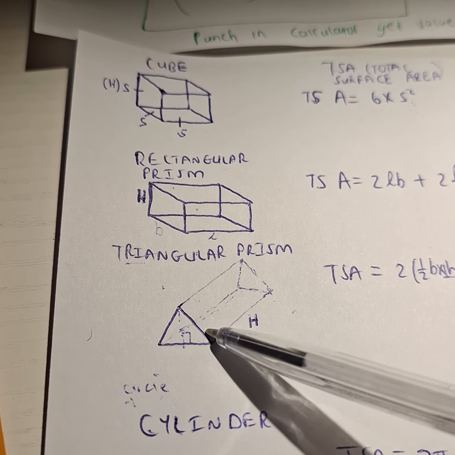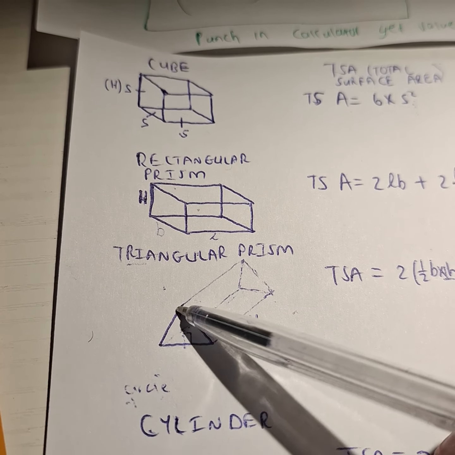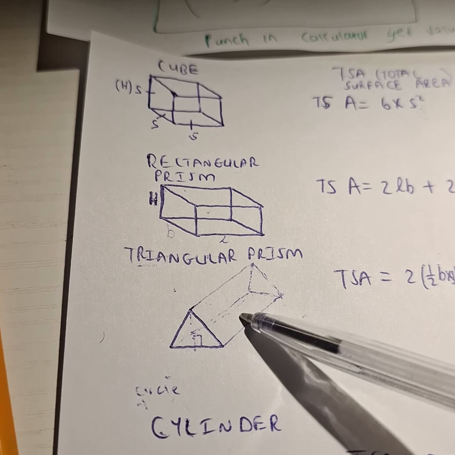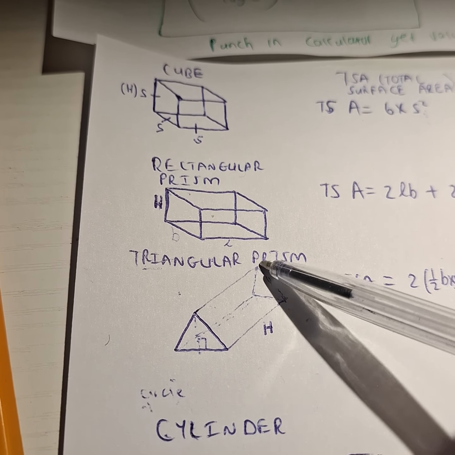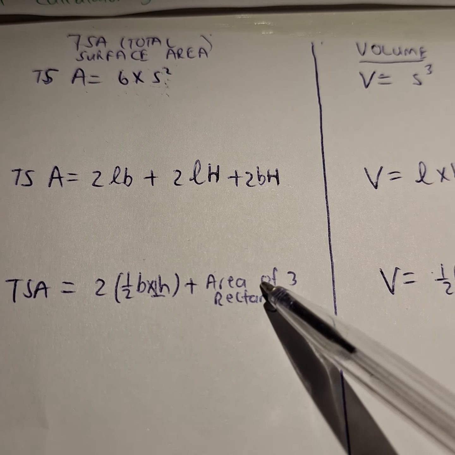So you can see each side of the triangle has a rectangle that it actually goes with. I hope you understand this. 1, 2, and then this rectangle 3. So that's why we say plus the area.